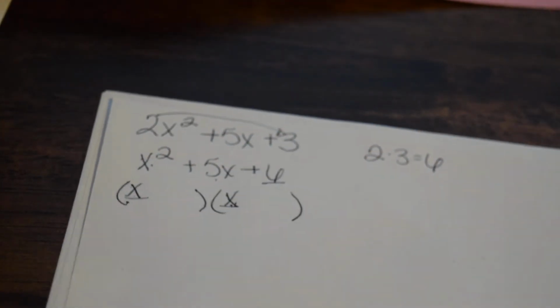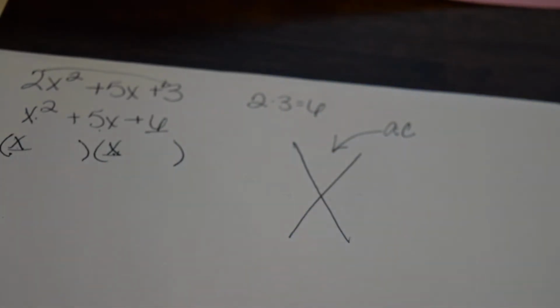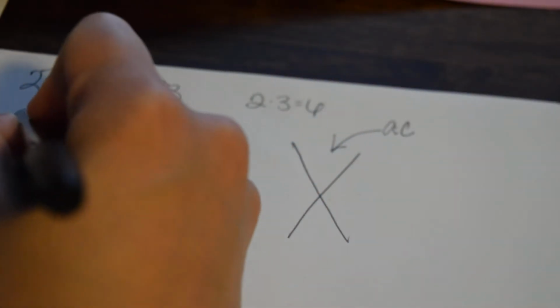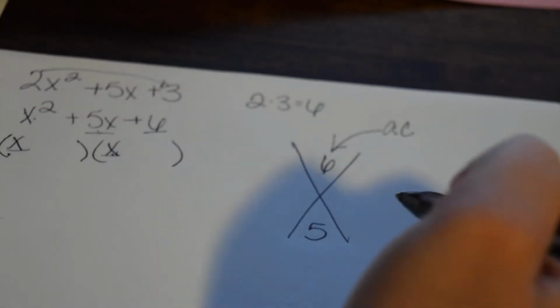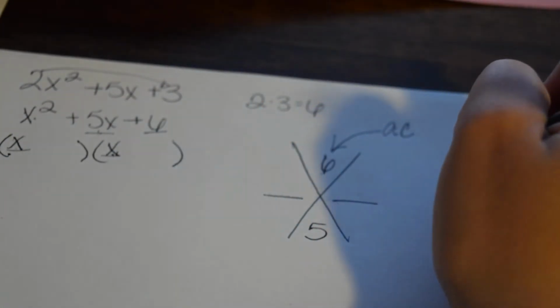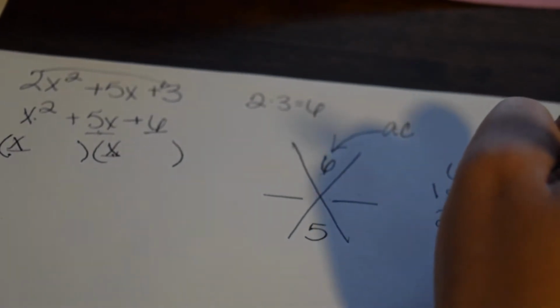So I'm going to introduce a new technique. It's called the x factor, or you can just make an x. What goes in here is a times c. So that would be 6 times 1, which is 6. We want to multiply to get 6, but we want to add to get 5. It has to be 2 factors. So what are the factors of 6? Well, we have 1 and 6, and we have 2 and 3.